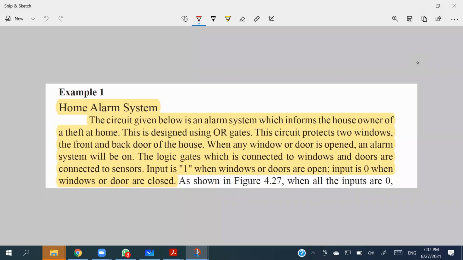In case any one particular door, at least any one, is open, it's going to buzz you and give you the sound, or give you the alert that a particular door or a window has opened, right? So it's a simple thing, right?